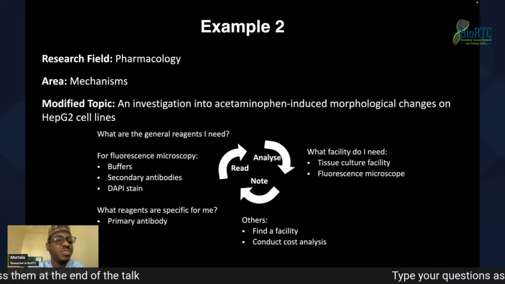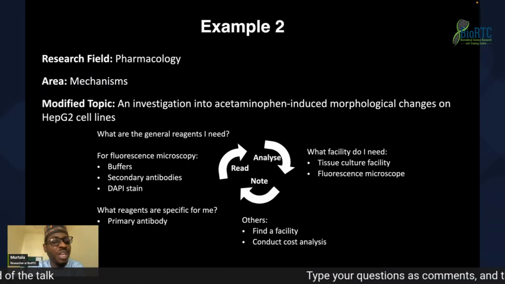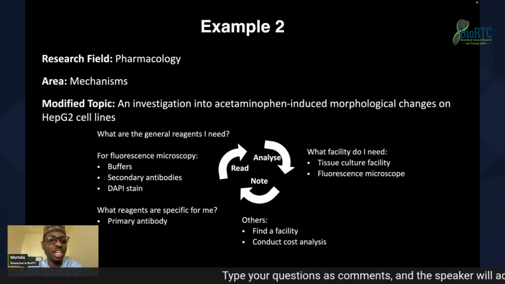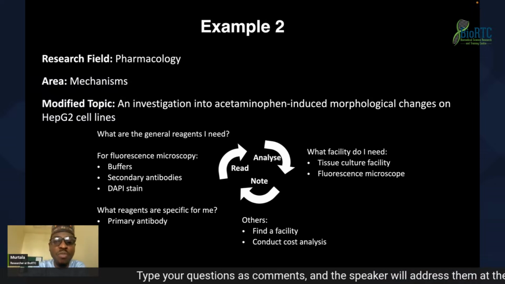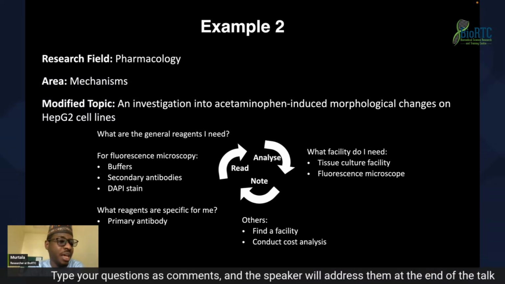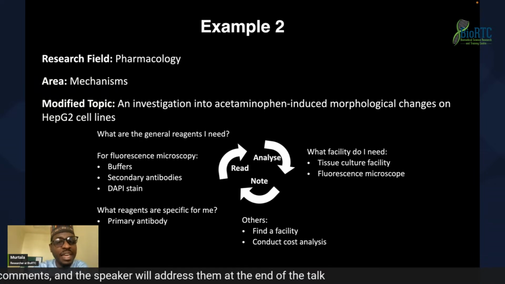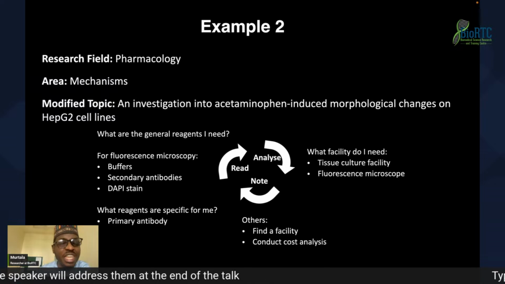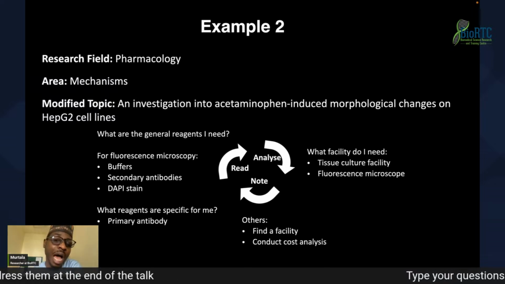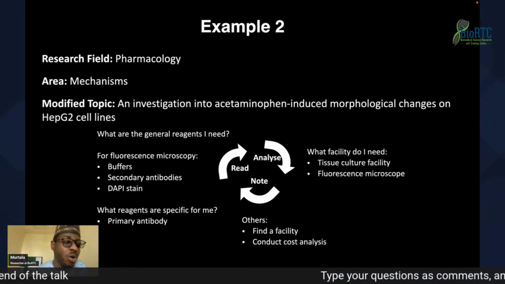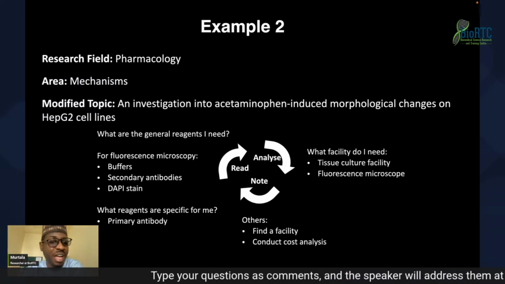So I can now modify my topic to read something like an investigation into acetaminophen-induced morphological changes on HepG2 cells. These are liver cell lines, and if I can see what are some of the morphological changes that happen to them, I can use that as a proxy of the mechanism of toxicity of acetaminophen.